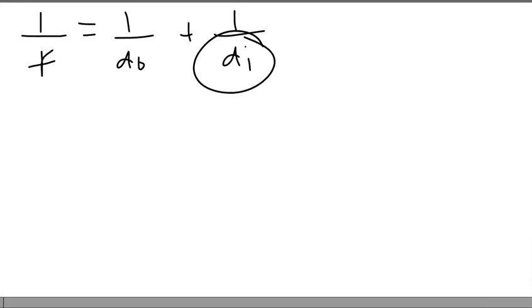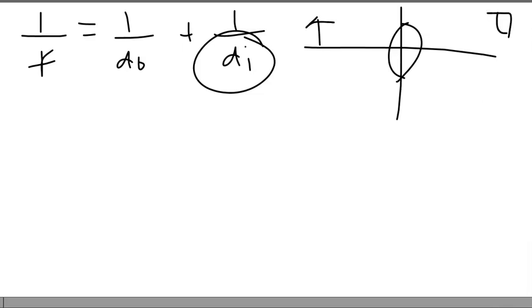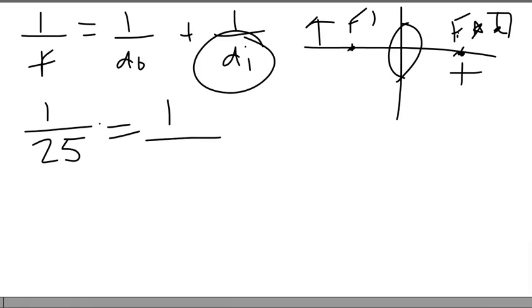Our focal length, they told us, was 25, and remember it's a converging lens, so your object is here, the eyeball is on this side, so it will converge on the positive side. That is our F star. This is our F prime. So our focal length, they told us, was 25 centimeters. So 1 over 25 is equal to 1 over dO, which was the distance of our object, 45.